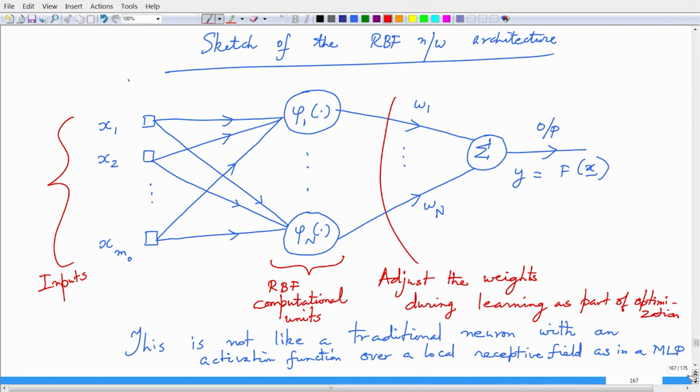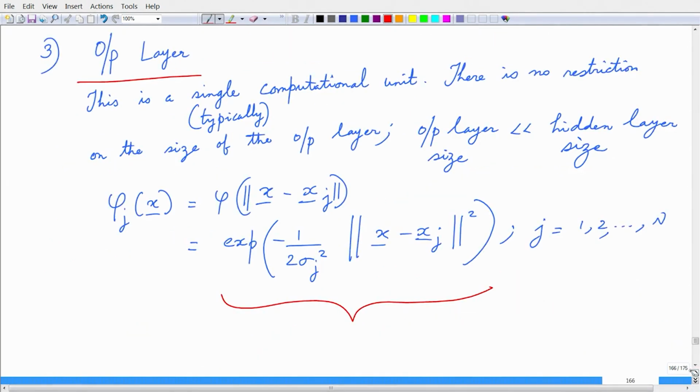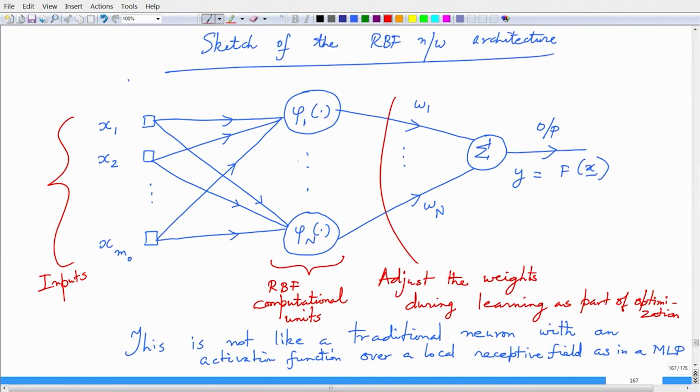There are no weights connecting, it is a direct link with a value of plus 1. Now, in this phi 1 so on till phi n, we have these Gaussian units, and we discussed in the previous slide that this is how we would have the form of any phi j, right, and that is what we are going to have here.